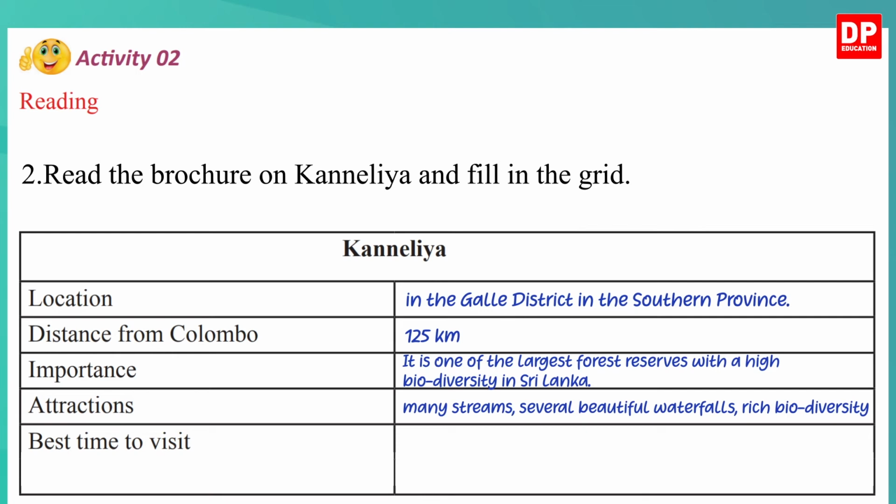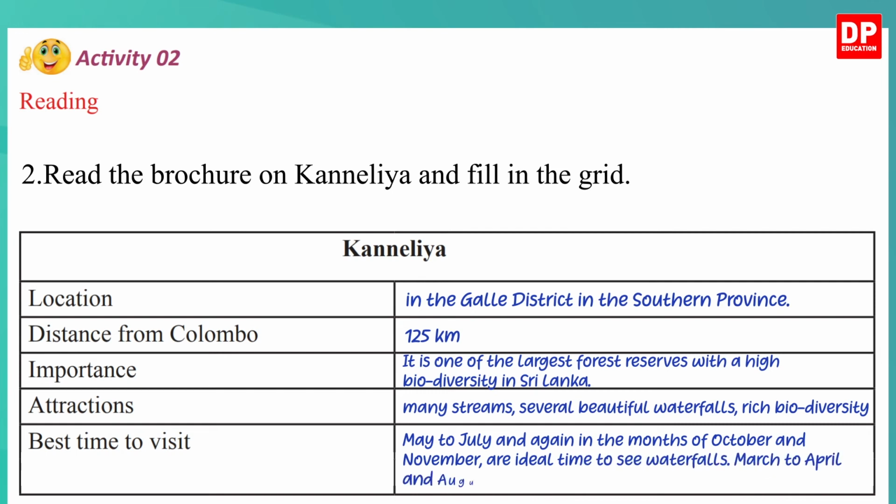Okay, so you can write May to July, and again in the months of October and November are ideal times to see waterfalls. And also you can mention that March to April and August to September are ideal times for hiking. I hope you could get the answers correct.